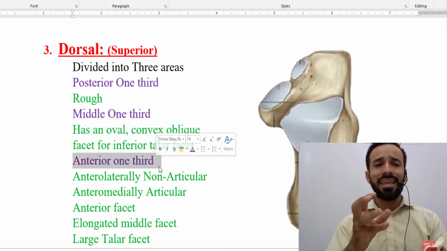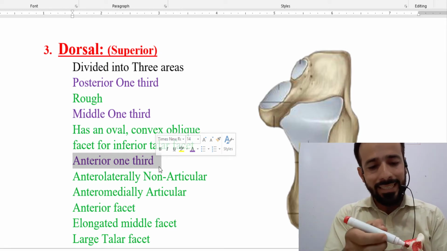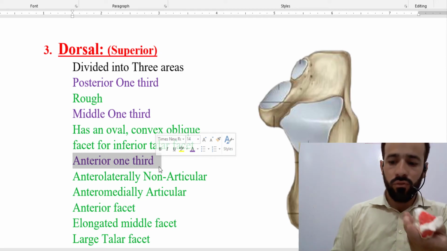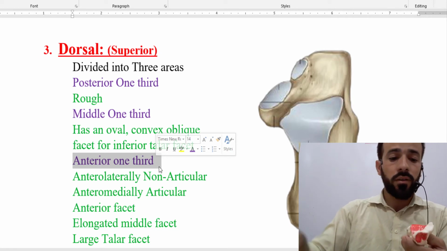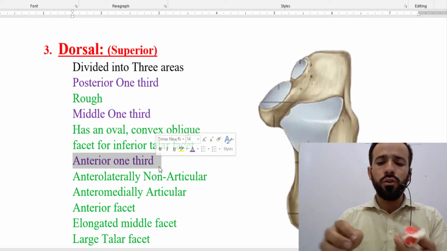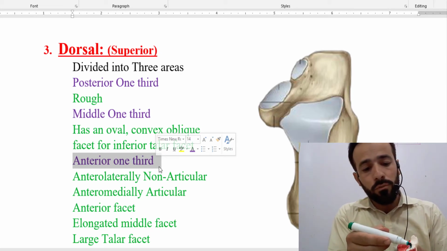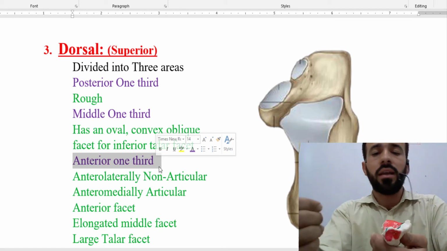If you talk about the anterior 1/3 of this calcaneus bone, which I haven't shared right now, look carefully. If you look medially, it has the articular facets. It's divided into a medial part and a lateral part.